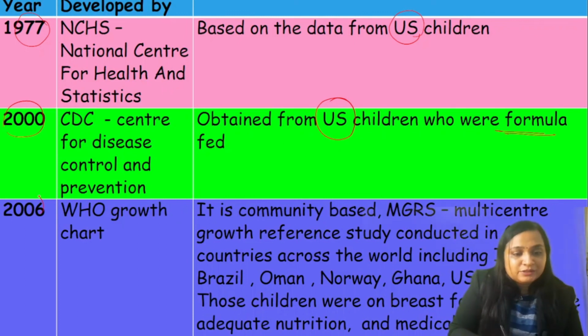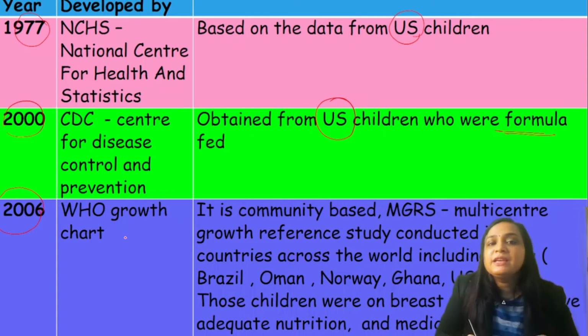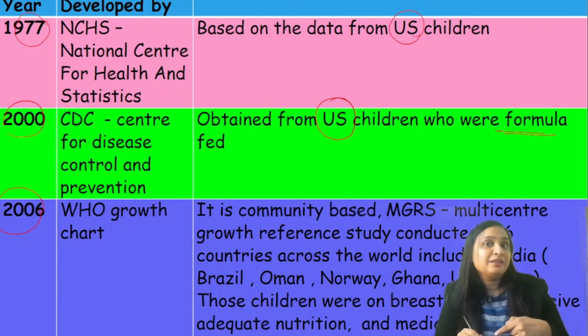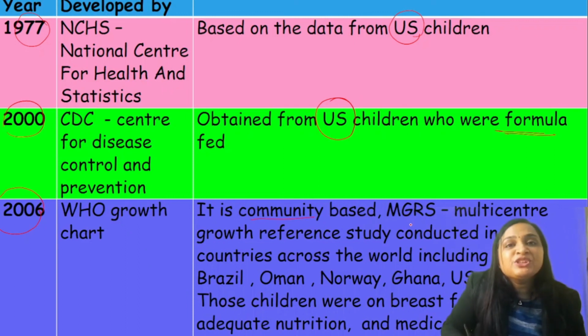But in 2006, the WHO growth chart was developed. A few things have to be remembered here, so please pay attention. This chart is community based. It is called the MGRS, Multicentric Growth Reference Study.